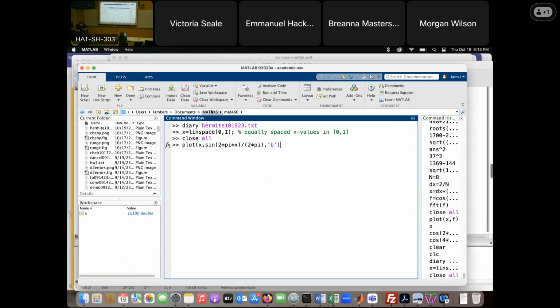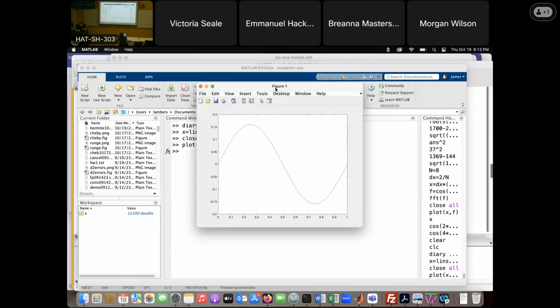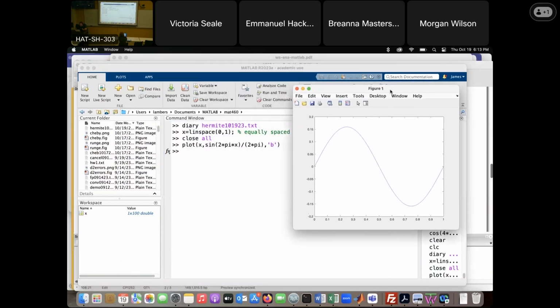Okay, let's see what that looks like. So that's the function that I want my interpolating polynomial to match, and it needs to agree with the function value and the derivative at x equals 0, and over here too at x equals 1. What happens in between? Who knows?